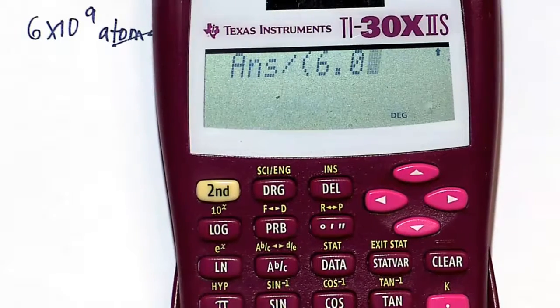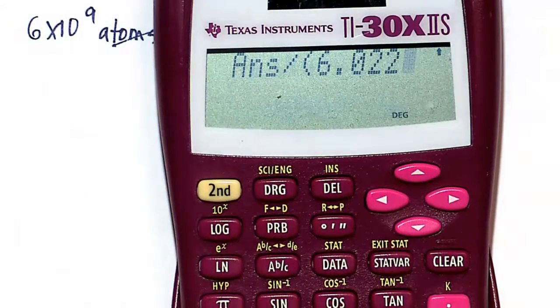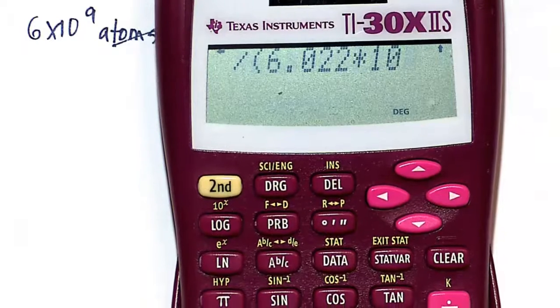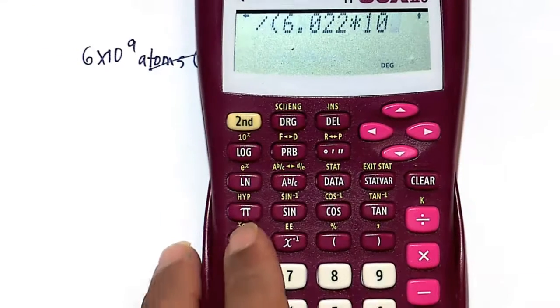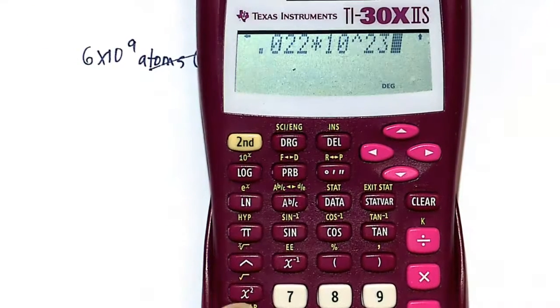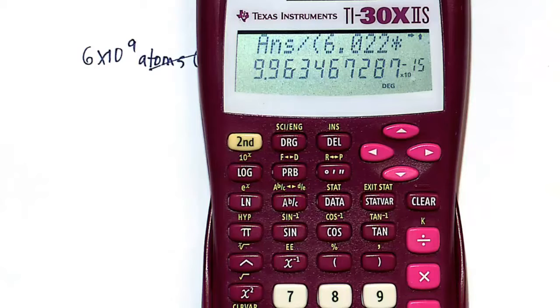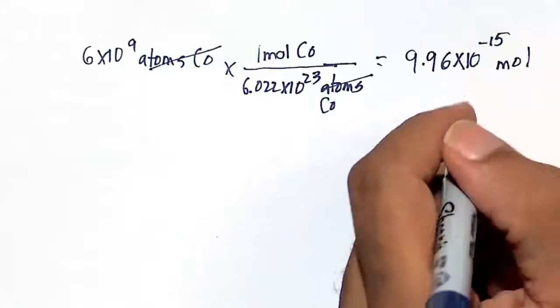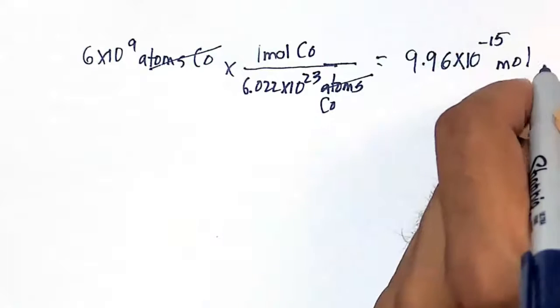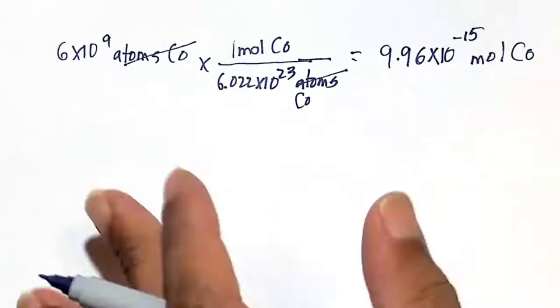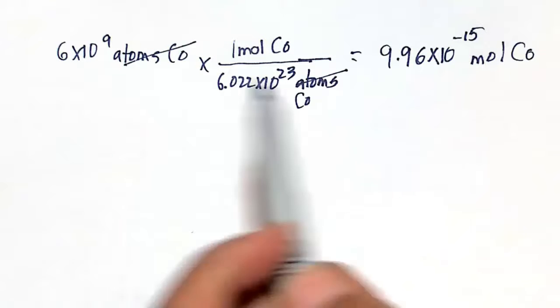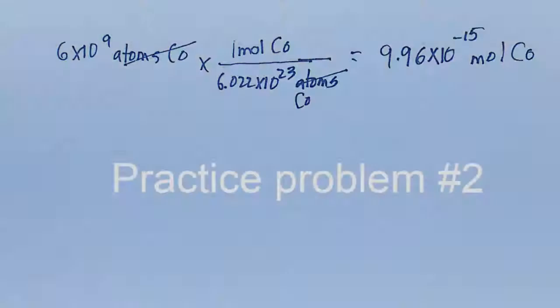I put the parentheses in there, 6.022 times 10, this little caret here, which is the exponent mark, 10 to the 23rd. I'll close those parentheses and I'll get my answer, which is about 9.96 times 10 to the minus 15. That's a very small number of moles of cobalt, equivalent to 6 billion atoms of cobalt.